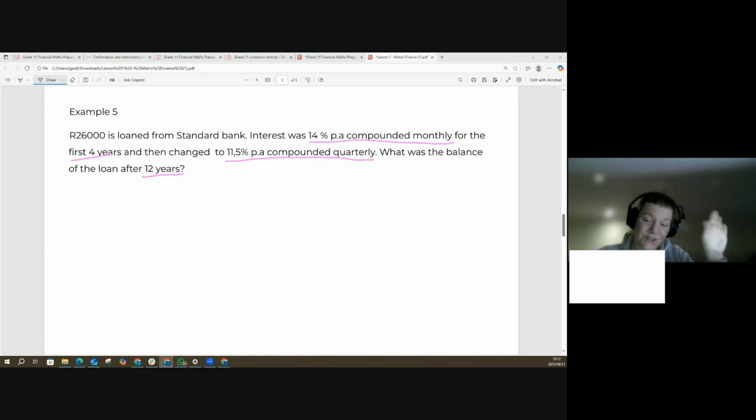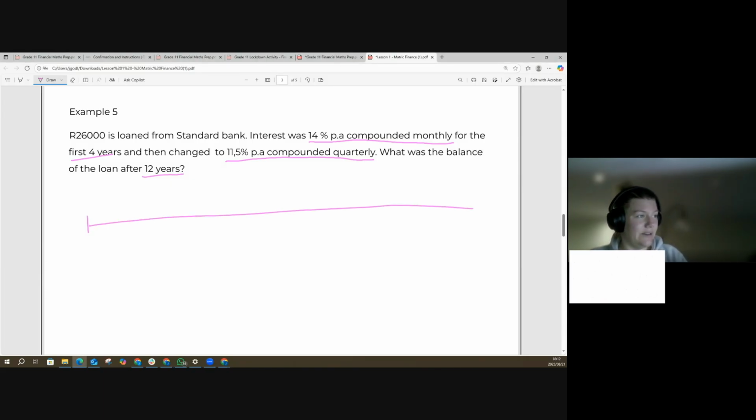Okay, I'm just going to start drawing the timeline. I'm not going to put the answers up. I'm not rushing, just in case there's anyone who's feeling completely lost. I don't want you to be sitting there thinking, I don't even know how to start.